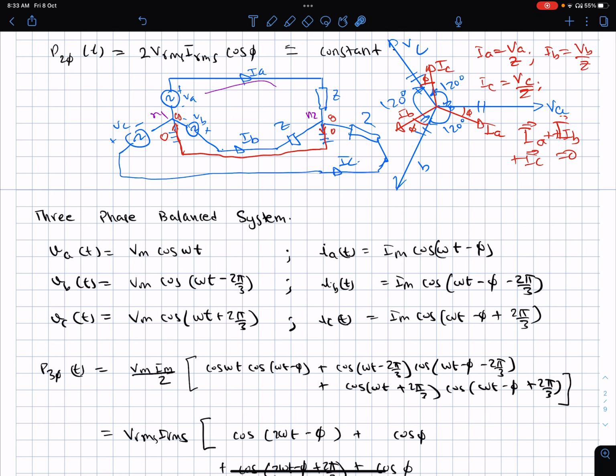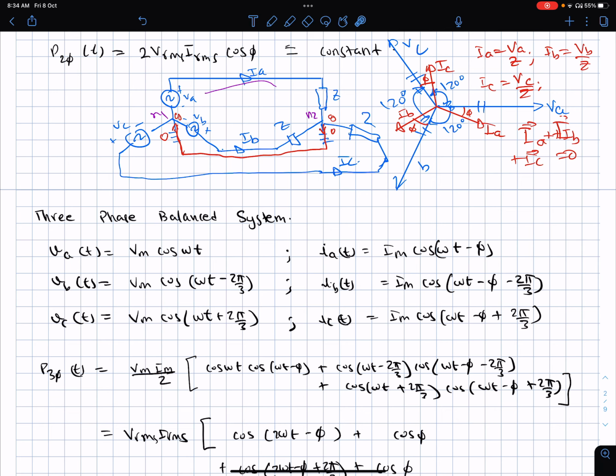And then this becomes Vm cos of omega t plus 2 pi by 3, and the current will now become Im cos of omega t minus phi plus 2 pi by 3 radians, or you can also write it as minus 4 pi by 3, no problem.